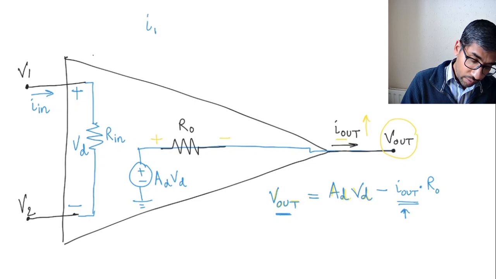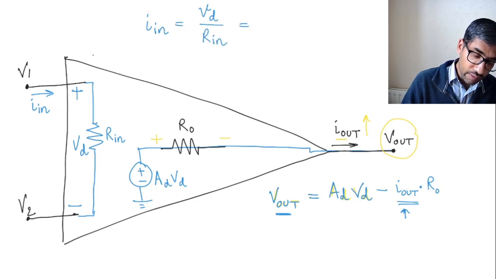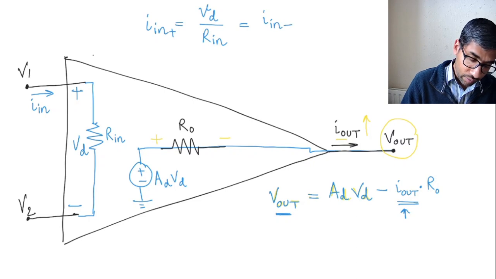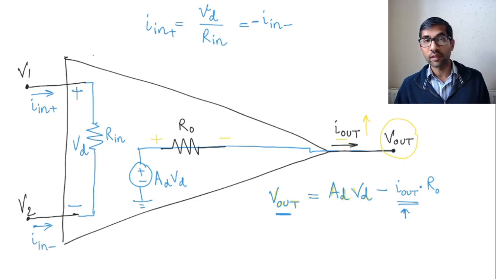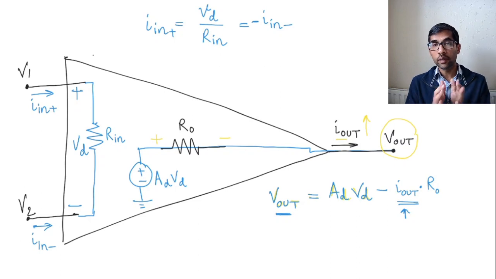So I in is given by Vd over Rn, and that is equal to I in plus, and this is the same as I in minus. Because of the direction I can write it as minus of that, right? So in an ideal op-amp you have no current flowing into the op-amp input terminals, but in a real op-amp some current flows.